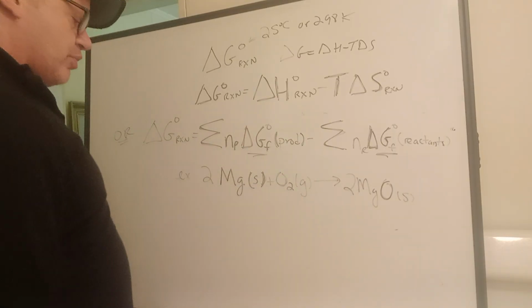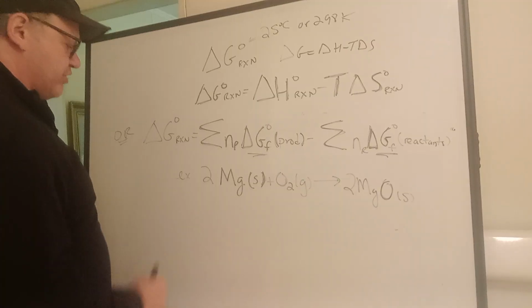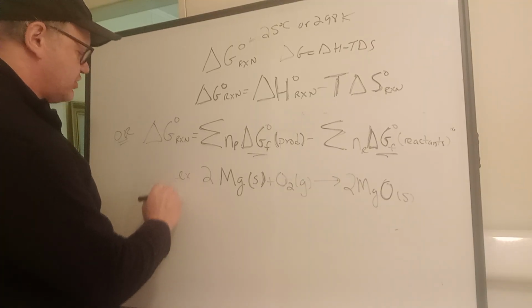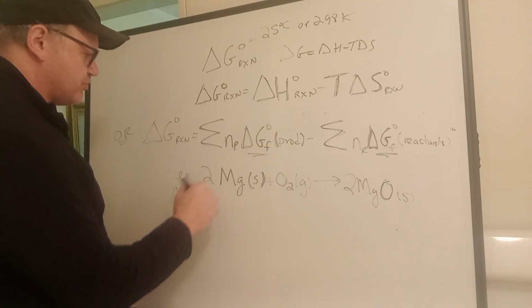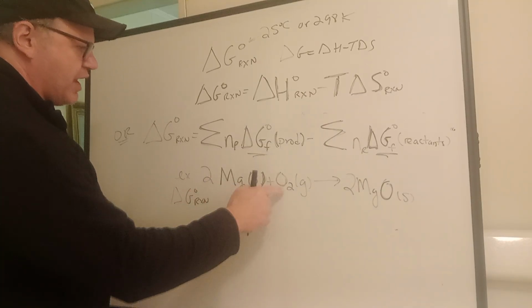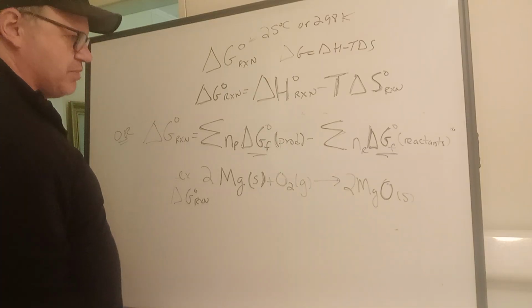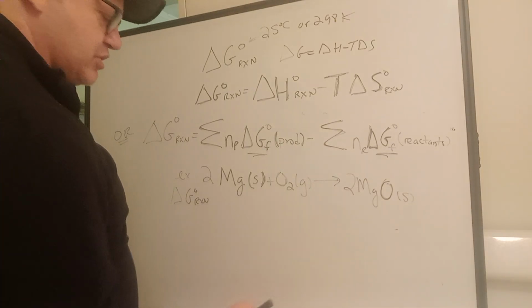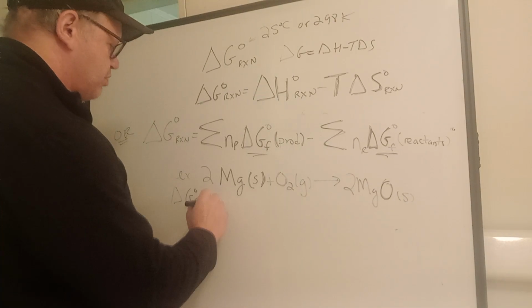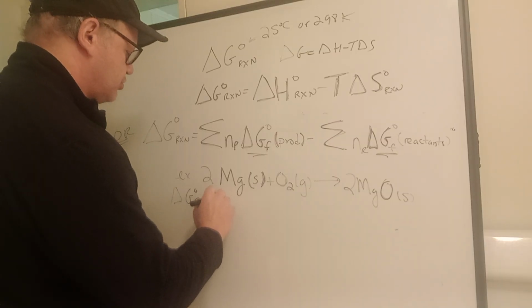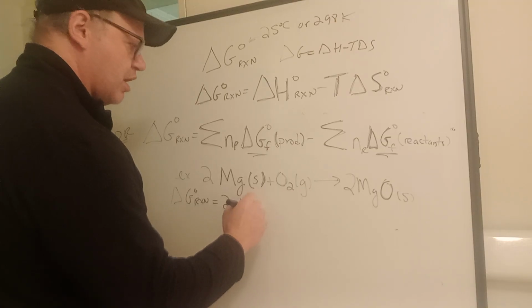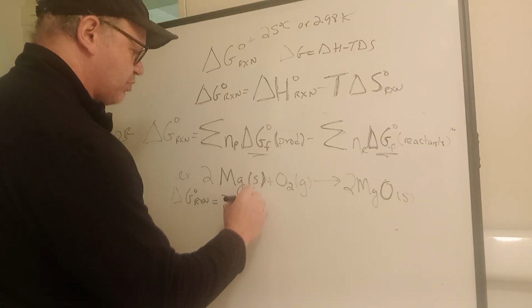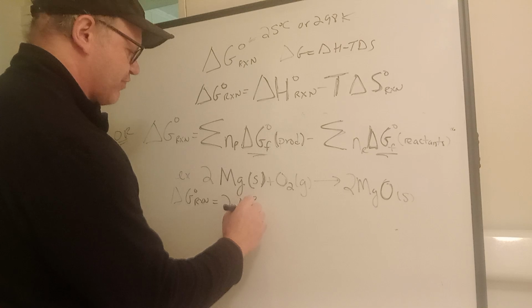So it turns out when we do this calculation, I'm going to just write it out. Delta G for this reaction of interest, where we're forming magnesium oxide from magnesium and oxygen, would be products: 2 times delta G formation. I always forget where to put the 0 on the F because different books do it different ways.